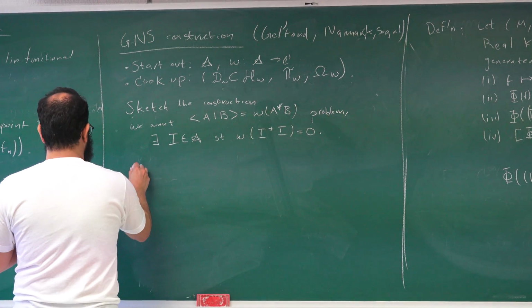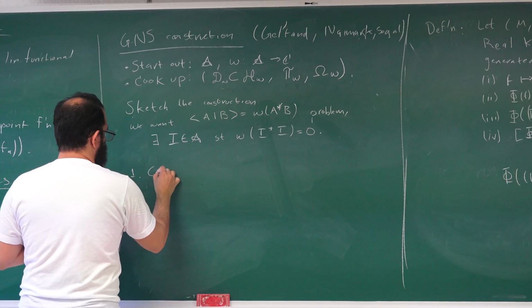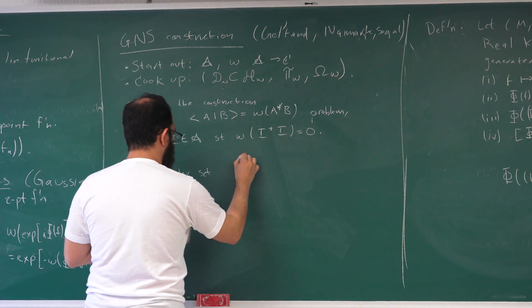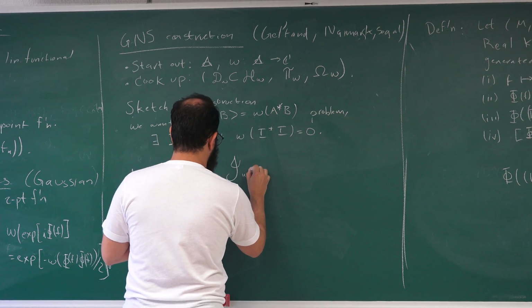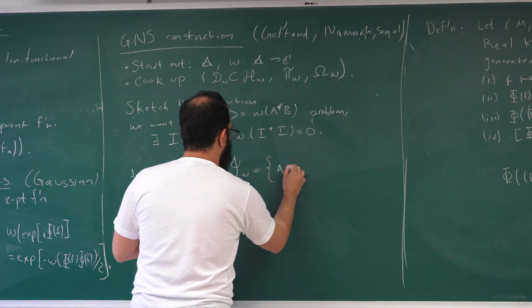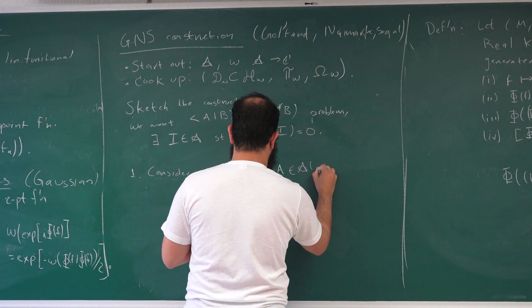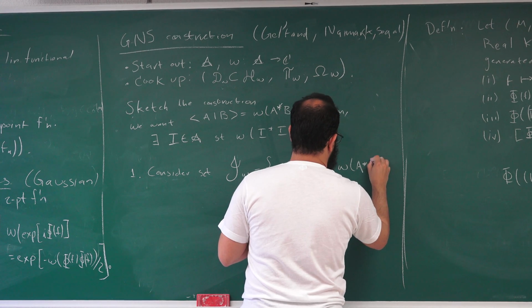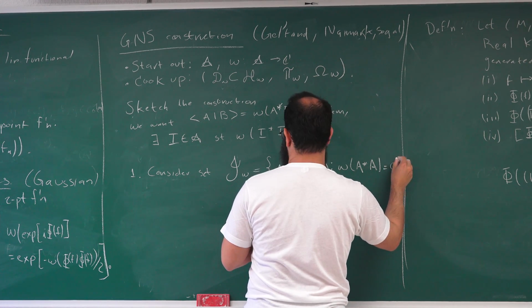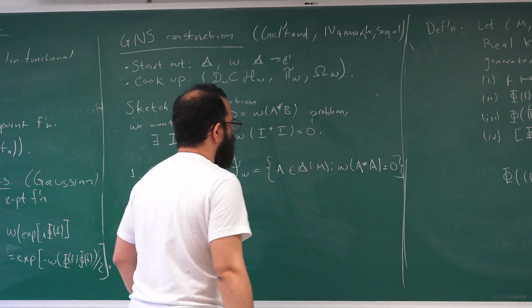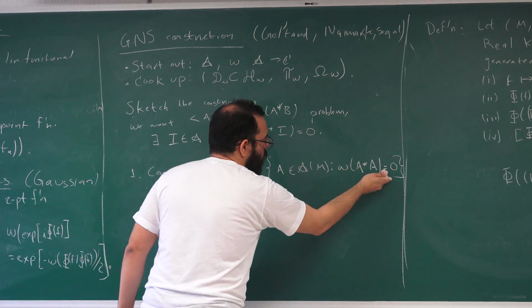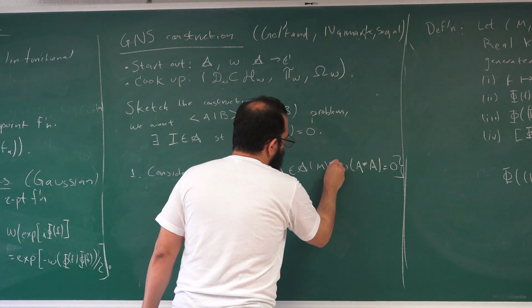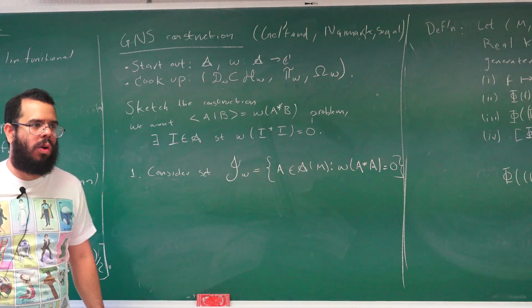Okay, so we want to quotient them out. How do we do that? Well, first step, consider the set of all algebra elements such that you have this condition that, in a sense, the two-point function, in inverted commas, is 0.